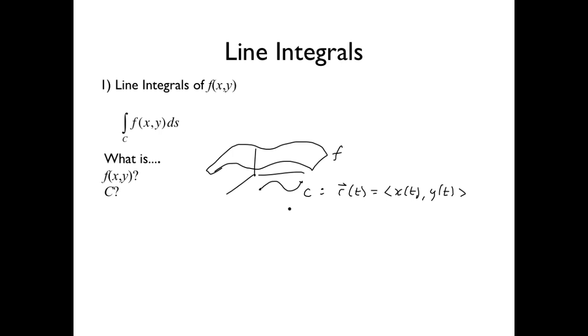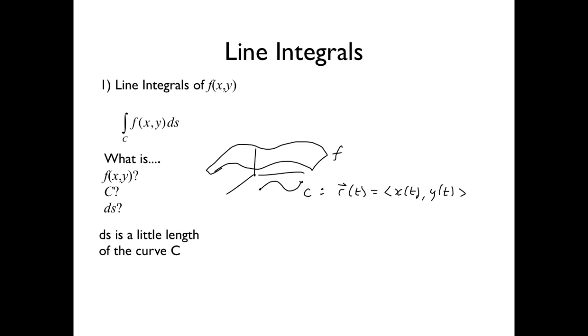Last thing is, what is ds? So this is, I don't think we saw this in Calc 3, but you saw this in Calc 2. What does ds stand for? Remember? We had dx and then dy and then ds. Remember what ds is? What's that? Yeah, so it's a little length of the curve, right?